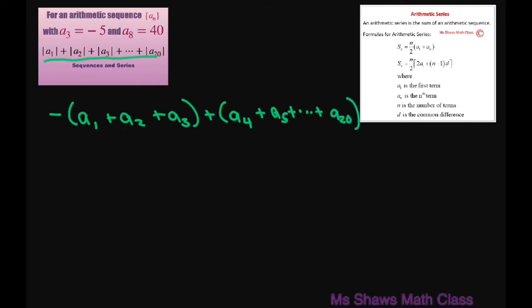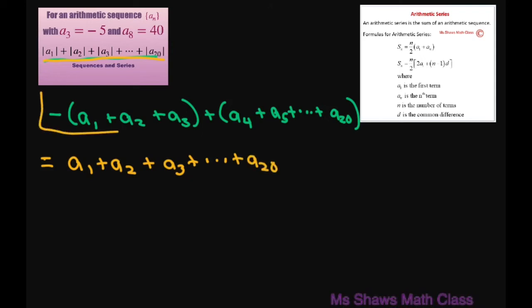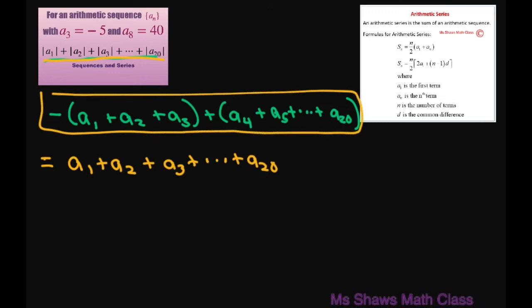All right. Now that we have that, let's rewrite this because we want to use this formula here. So if I write a sub 1 plus a sub 2 plus a sub 3 plus ... plus a sub 20, to make this equal this one, which is what we have, I'm going to take this and subtract a sub 1 plus a sub 2 plus a sub 3, and then also subtract it again.